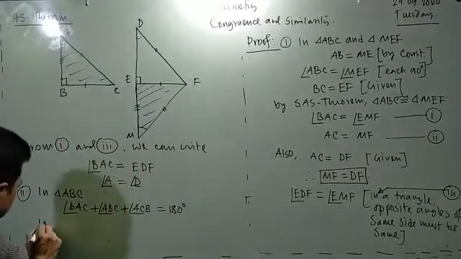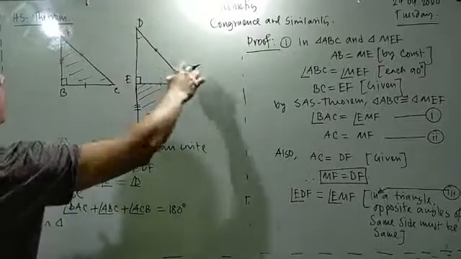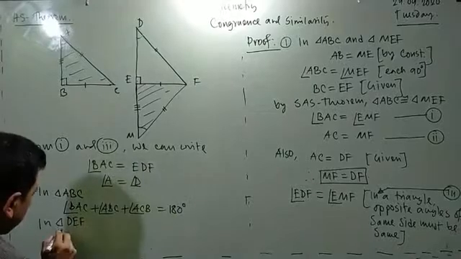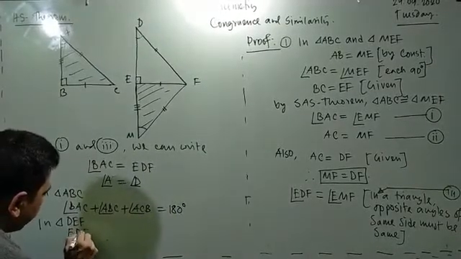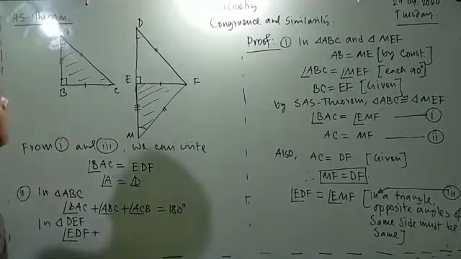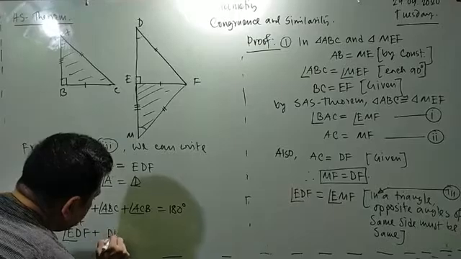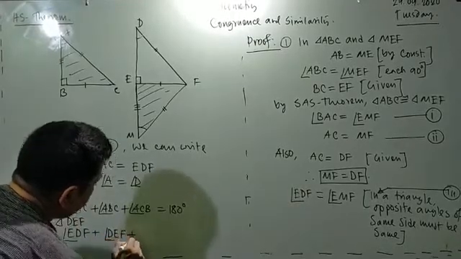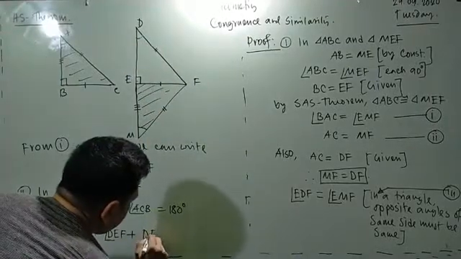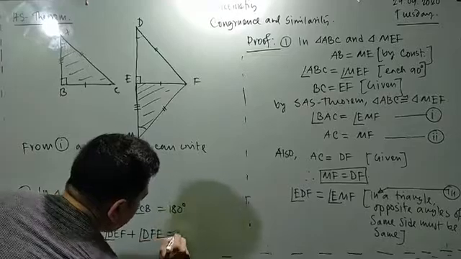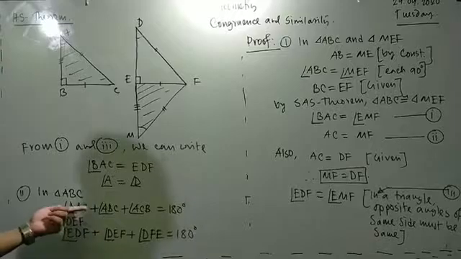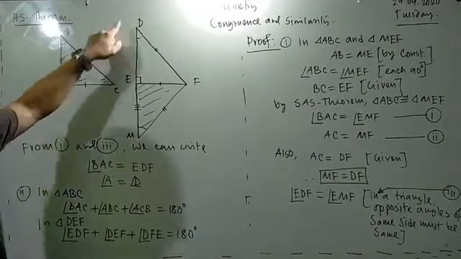Okay, in the DEF triangle we can write angle EDF, I mean D angle, plus angle DEF plus angle DFE equals 180 degrees. Okay, so look at that here, already we know angle BAC equals angle EDF.